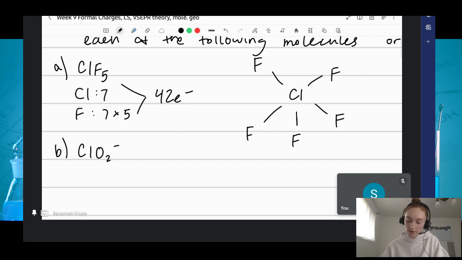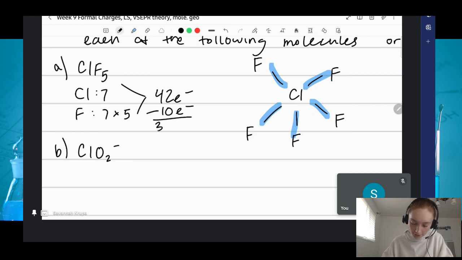So we have 42 that we're working with, and we've written 5 bonds, 5 single bonds. So 5 times 2 is 10. So it's minus 10. So we have 32 valence electrons that we're working with here. And each of these fluorine will need 6 because it only has 2 that it's bonded with. So 6 times 5 is 30.